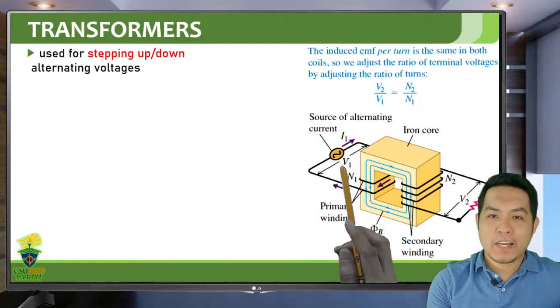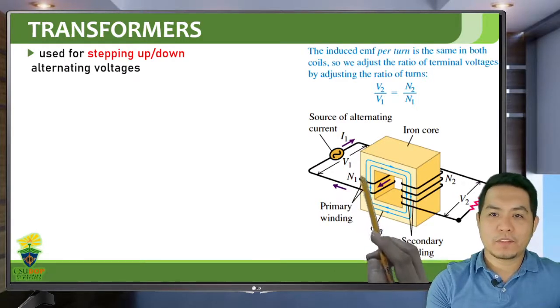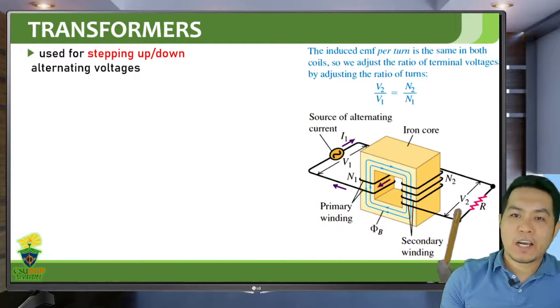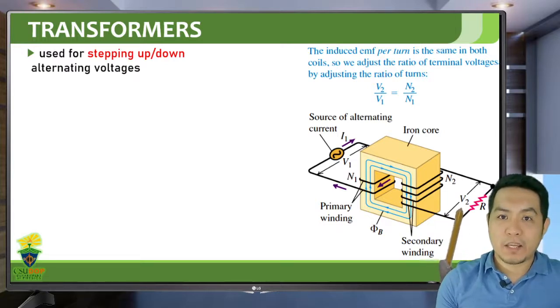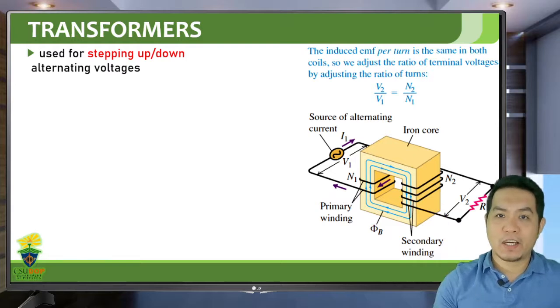So if there is an alternating voltage V1 in the primary coil, then a resulting secondary alternating voltage will be induced in the secondary coil.